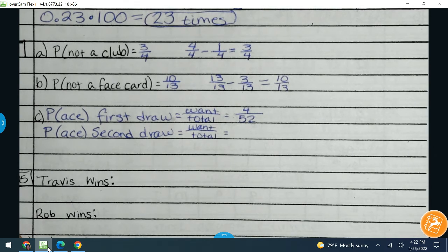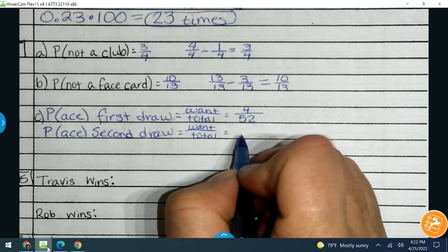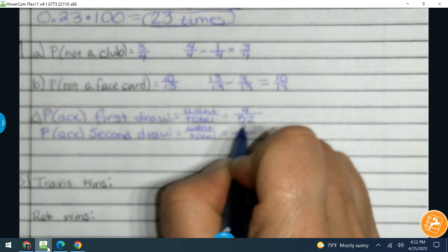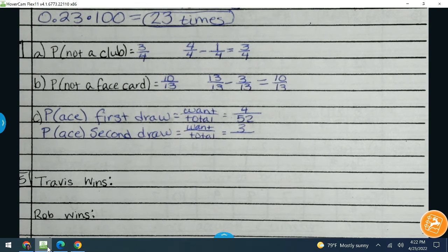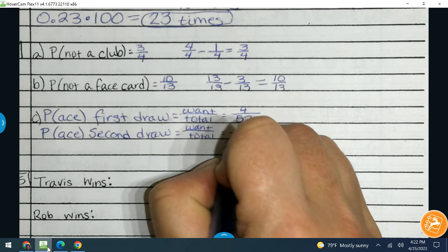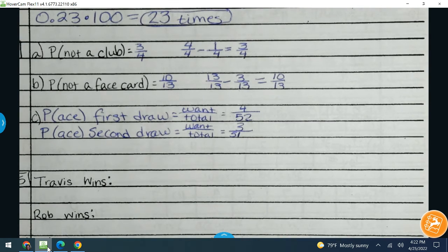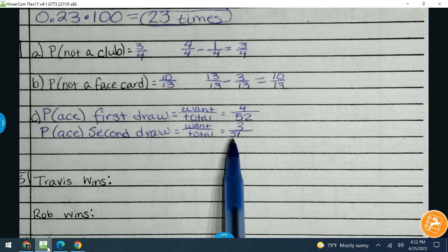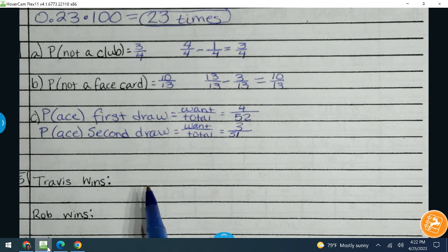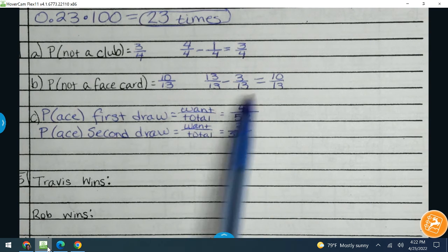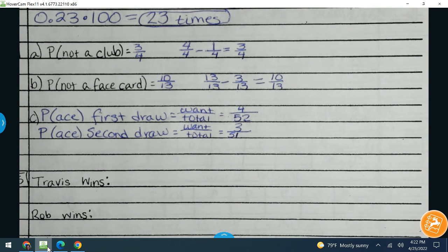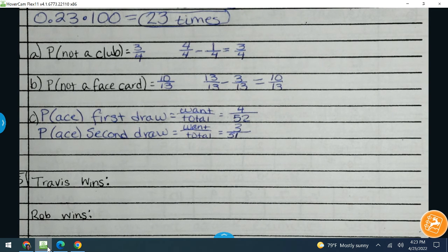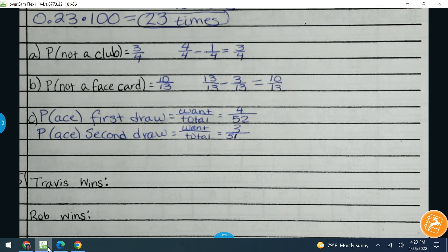How many aces are left? 3. How many cards are there in total now? Hopefully you said 51, because remember, that ace is sitting in my back pocket right now, so there are fewer cards in total. We'll discuss in another lesson whether or not that increases or decreases the probability of drawing that second ace. We're not going to worry about that right now.